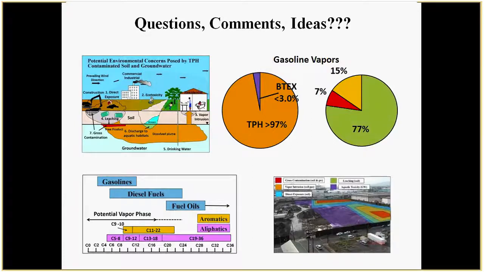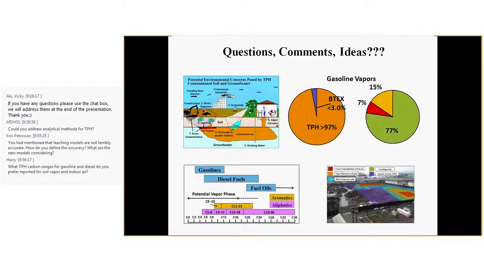The problem is that the models address the adsorption coefficient for contaminants. So how easy is it for a contaminant to adsorb to soil particles, organic carbon? One person explained to me, it's like Velcro. It's a lot easier to stick a ping pong ball covered in Velcro to something than it is to pull it off. So the adsorption coefficients used in leaching models way over predict how easily contaminants can be desorbed from soil. That's why they over predict impacts to groundwater.